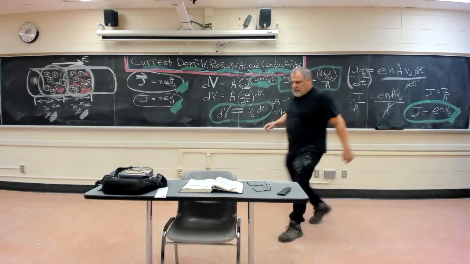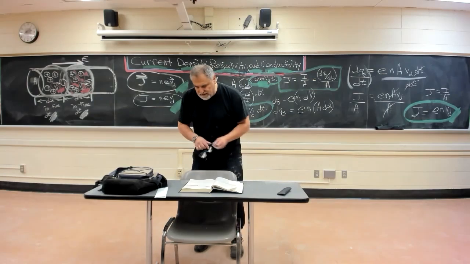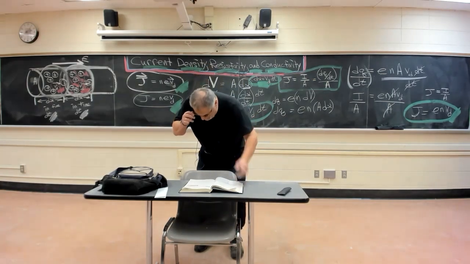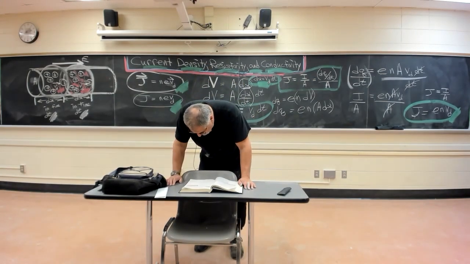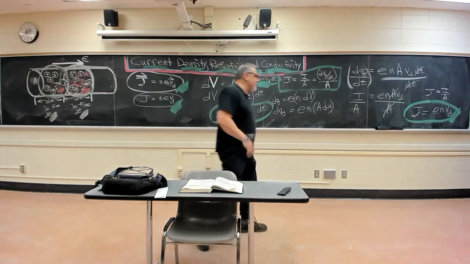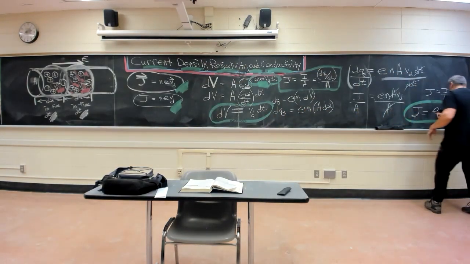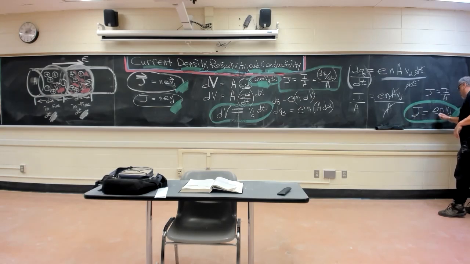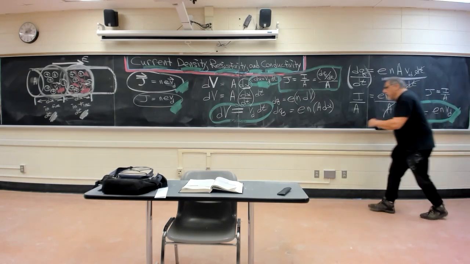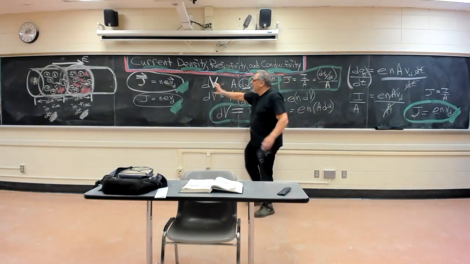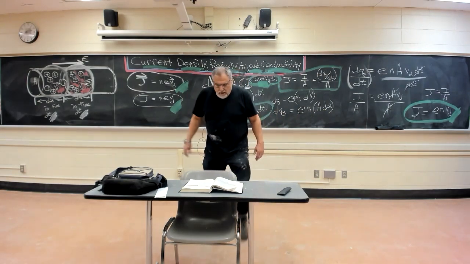J is En V sub D. Well, that's going to help us out. En V sub D, the Katz book writes it Ne V sub D. That doesn't matter. I mean, the commutative property is alive and well. En V sub D is the same as Ne V sub D, and we have that right over here. Same thing. All right.